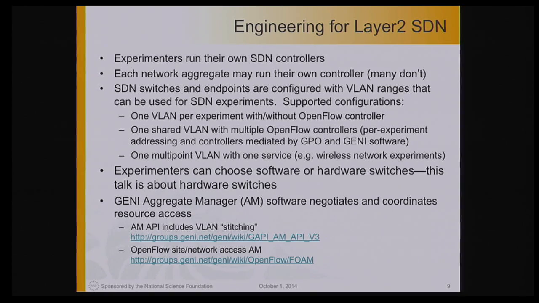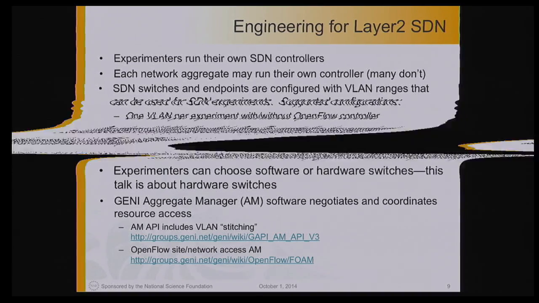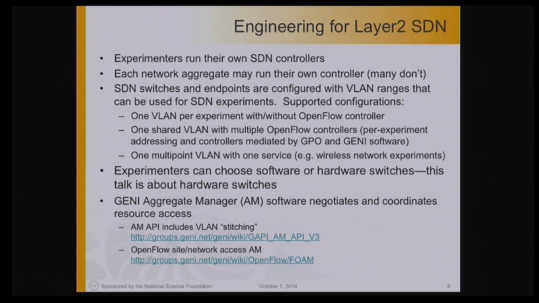And again, this is all open source interfaces and open source software. And then there's a special aggregate just to manage OpenFlow, which we call foam, and this is the link to foam. The primary purpose of foam is actually not to control the VLANs. It's to allow people who are opening up their resources to OpenFlow to have the opportunity to approve or not approve connections into their resources.